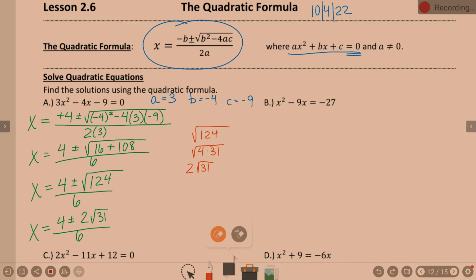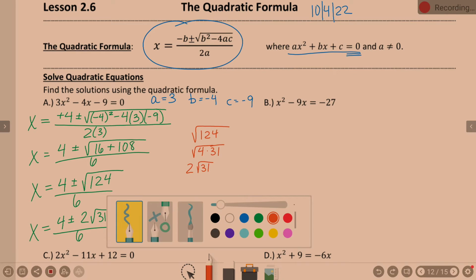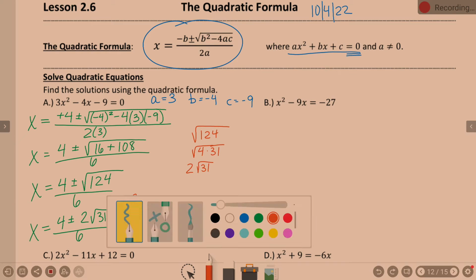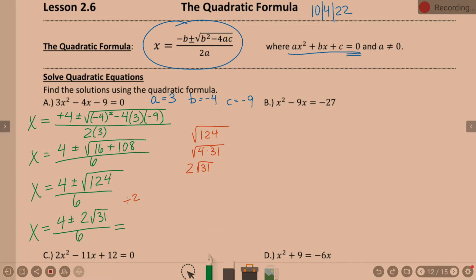So when we reduce these all by a factor of 2, 4 divided by 2 is 2, plus or minus 2 square root of 31, the 2 will cancel, and it's just square root of 31, all over 6 divided by 2 is 3. And that should be your final answer.